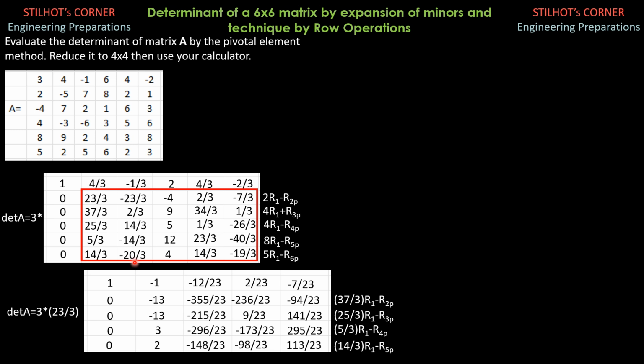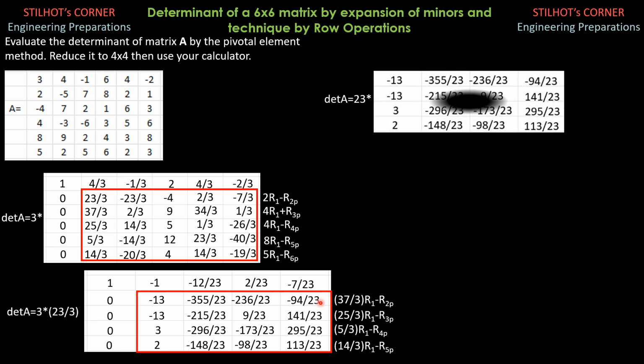So negative 14 over 3 plus 20 over 3 is 6 over 3, and 6 over 3 is 2. And check the rest of the elements. So it is now 23 times the minor of 1, which is the determinant of this 4 by 4 matrix. So the determinant of A is 23 times the determinant of this 4 by 4 matrix there.